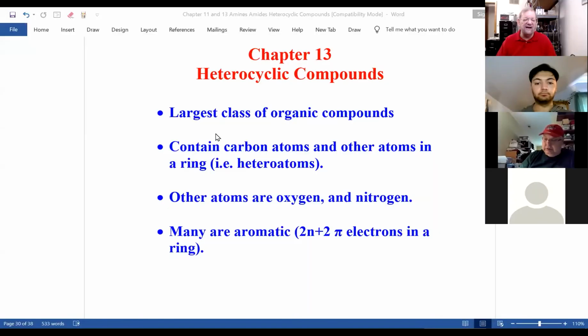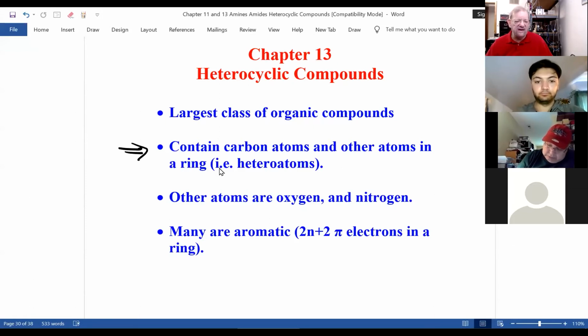All right, I just turned the switch on. Now I'll show you which part. Let's talk about heterocyclic compounds. It turns out heterocyclic compounds are the largest class of organic compounds in nature. This you should know. What is a heterocyclic compound?